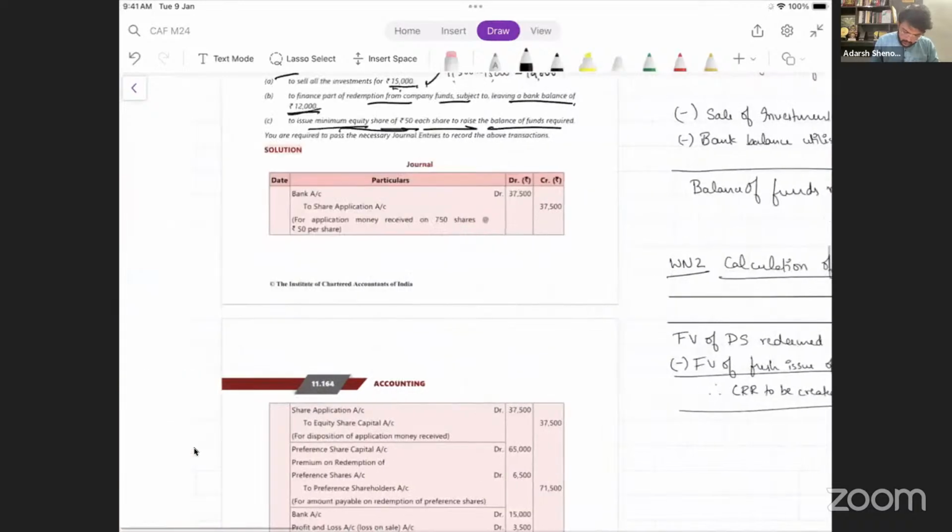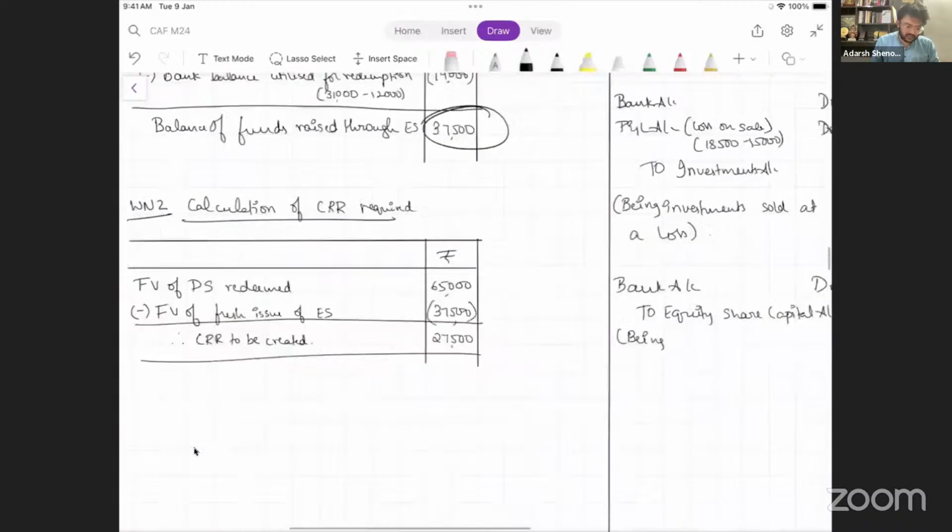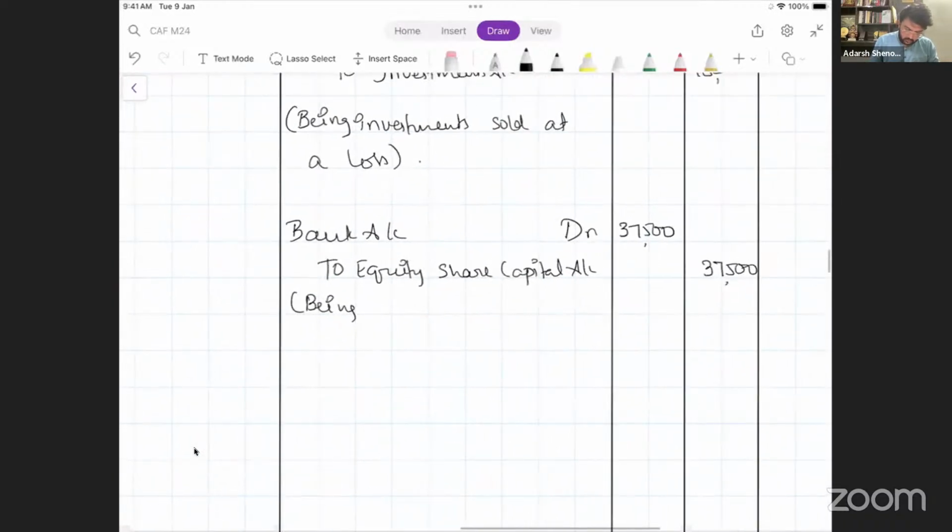How many equity shares can I calculate? We calculated 50 rupees, so 37,500 divided by 50. Just for the narration's sake, I'm calculating. Being 750 equity shares issued at par.